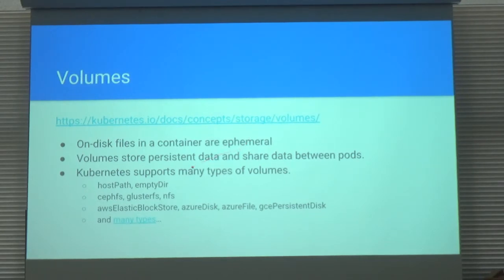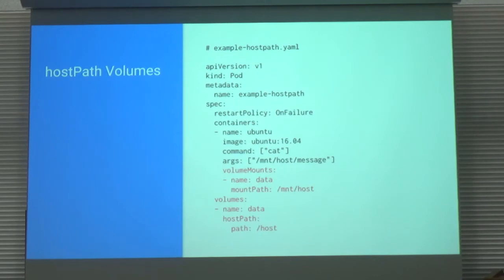The most famous one is hostPath. hostPath means somewhere in the node. And in addition to it, CephFS, GlusterFS, NFS, AWS EBS, Azure Disk, and so on are supported. This is an example for a hostPath volume.